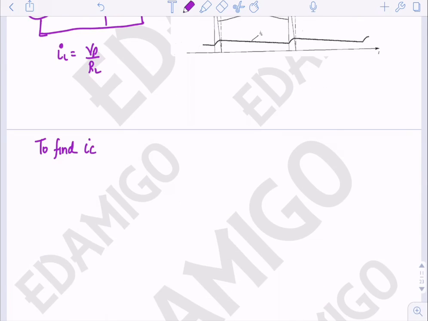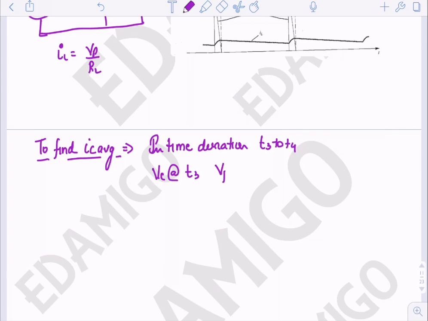To find IC average, in time duration t3 to t4, we know that the voltage across the capacitor at t3 was Vp minus Vr, and the voltage across the capacitor at t4 is Vp.